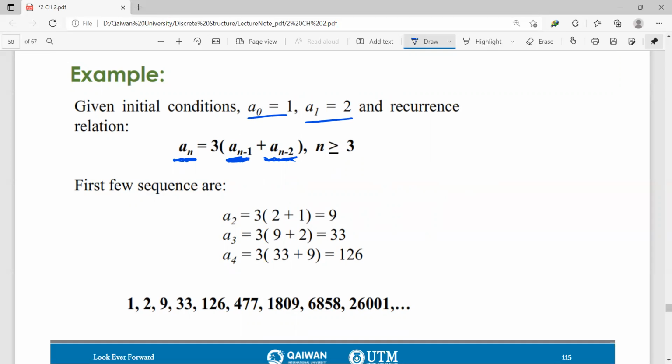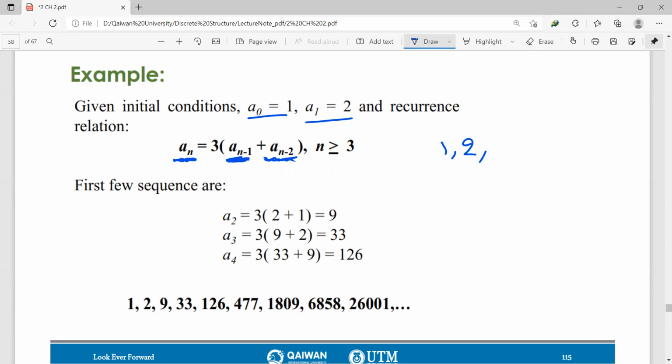These are the initial conditions. As I said, if each term depends on 2 previous terms, we must have 2 terms given, the 2 first terms. It's given A0 is 1 and A1 is 2.